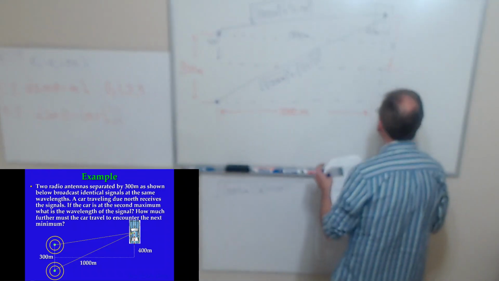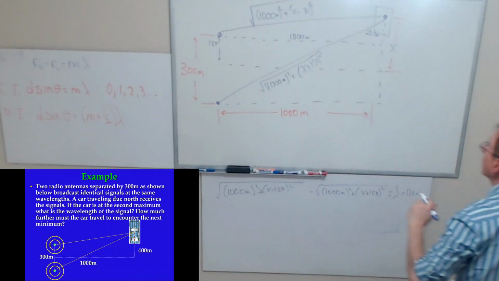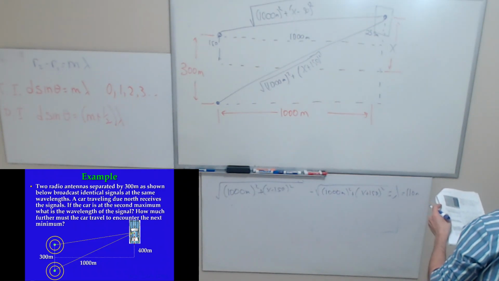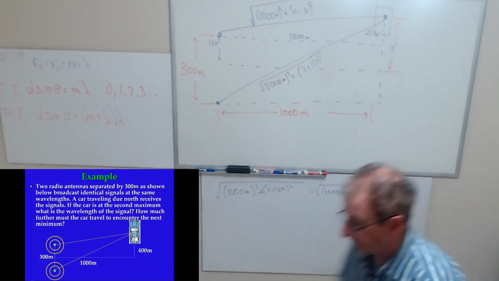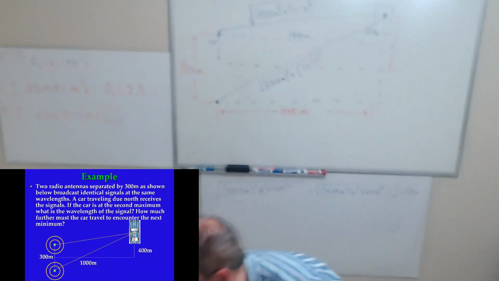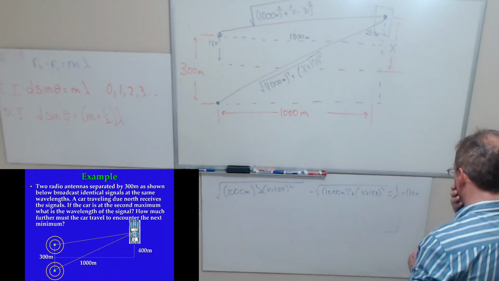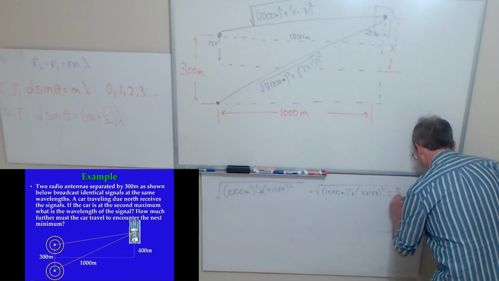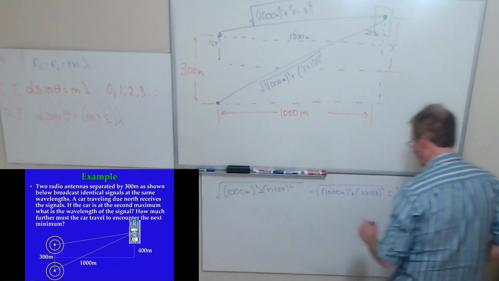That's 250. Okay, so now we got to set this equal to 3 lambda over 2. And we know lambda already. So all we got to do is solve for x.